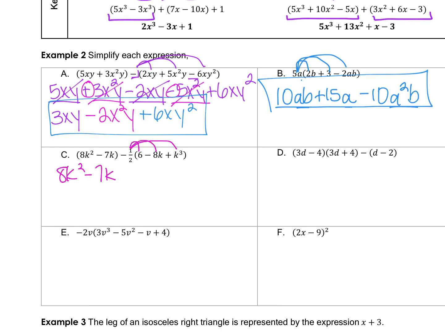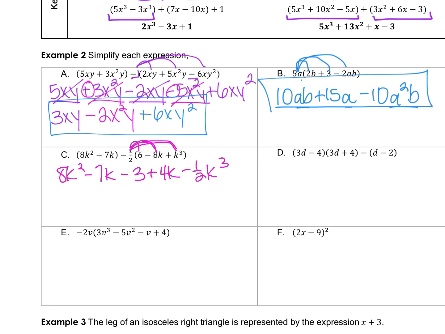So negative 1/2 times 6 would be a negative 3. Half of 6 is 3, but it's negative. Distributing, that would give you positive 4k, because a negative times a negative is a positive. And then negative 1/2 times k to the third power, or k cubed, is a negative 1/2 k cubed.